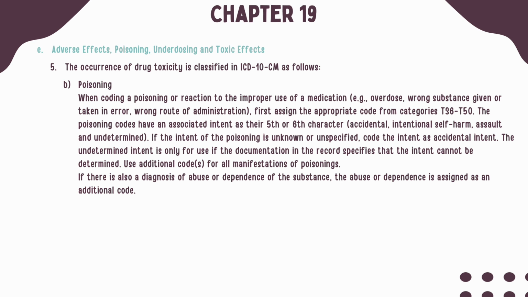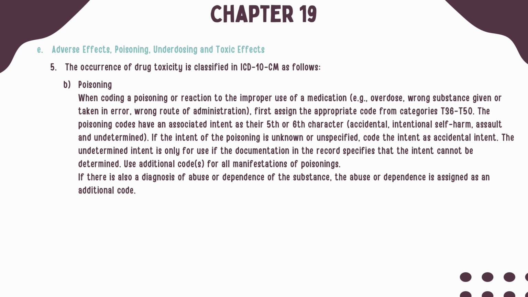When coding a poisoning or reaction to the improper use of a medication, the first code should be from categories T36 through T50. The fifth or sixth character should correlate with the intent, such as accidental, intentional self-harm, assault, or undetermined intent. If the intent is unknown or unspecified within the medical record, the intent should be coded as accidental.